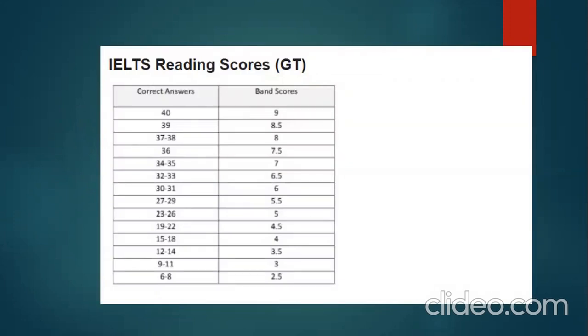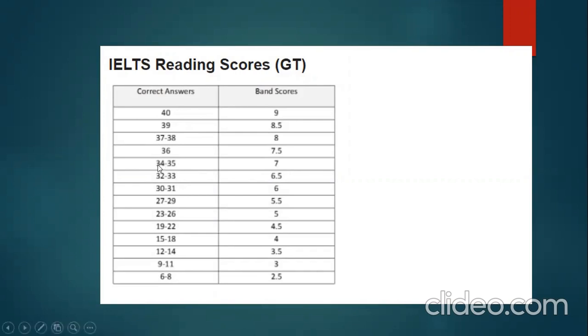In IELTS General specifically, if you answer 40 questions correctly, then you'll get a Band 9 score. Mostly for immigration purposes, 7, 7, 8 is the requirement. And as you see, Band 7 requires you to answer 34 to 35 answers correctly.